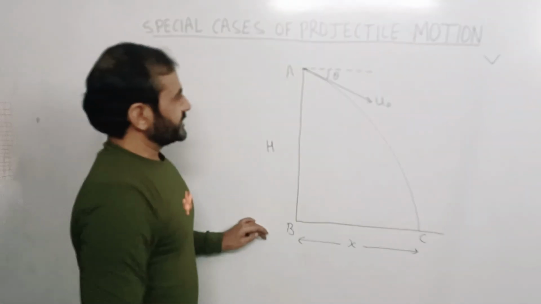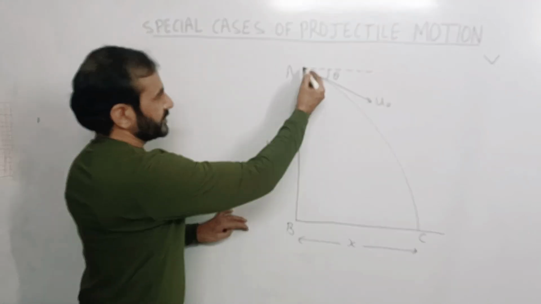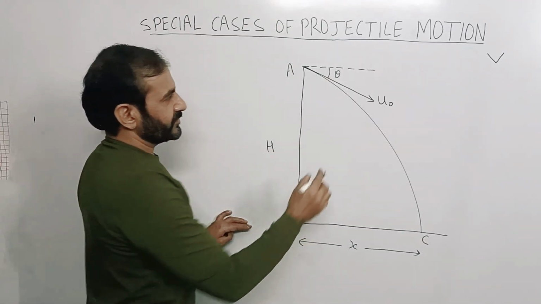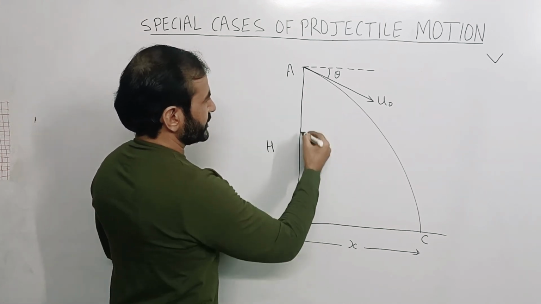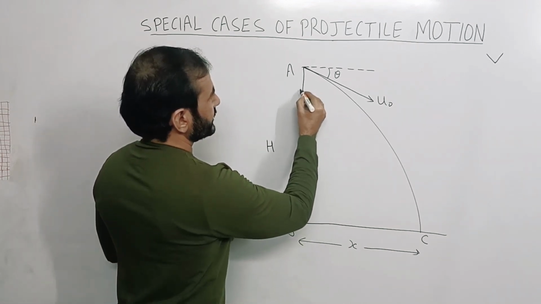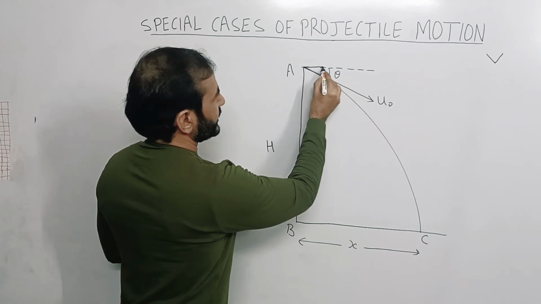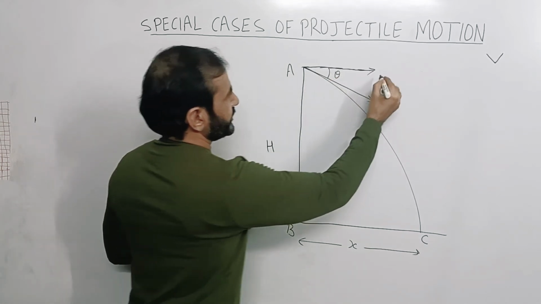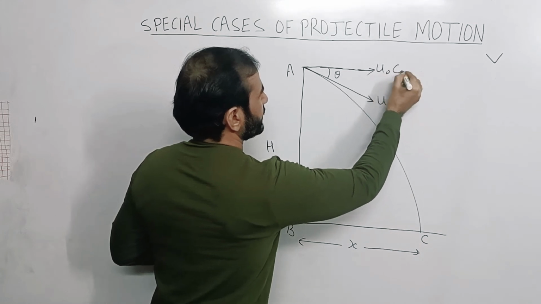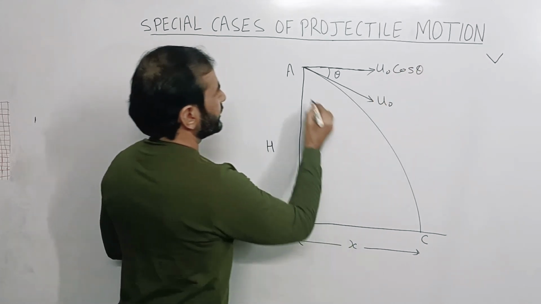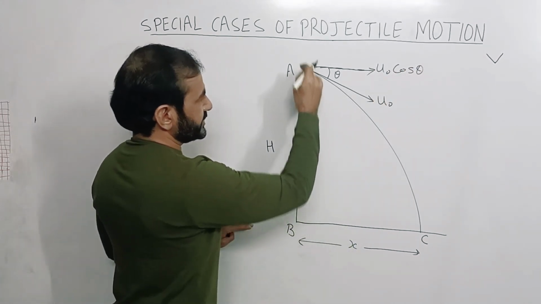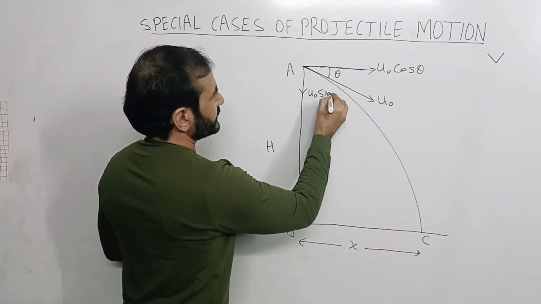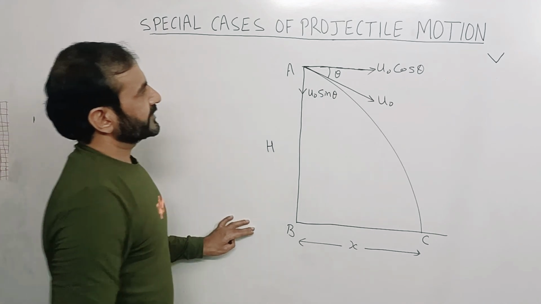Again, we will see that for AB distance, what is the component of velocity u naught which is taking body downwards. Then we will see two components. One is horizontal component. This will be obviously u naught cos theta, and vertical component which is taking body downwards, u naught sin theta.